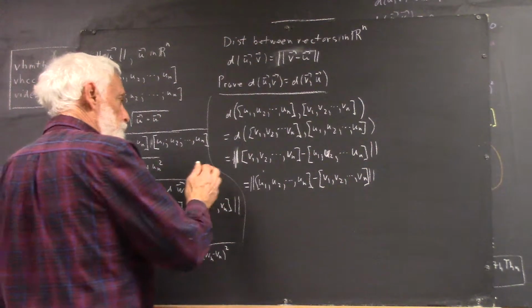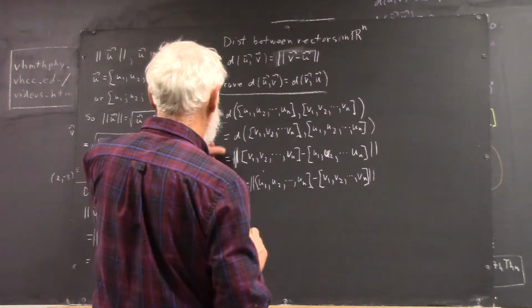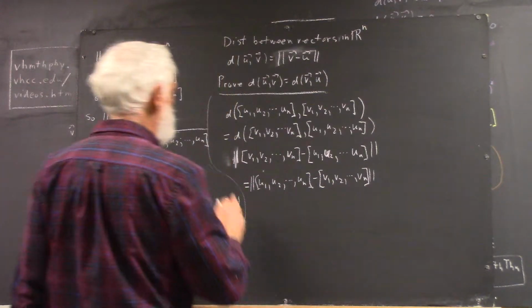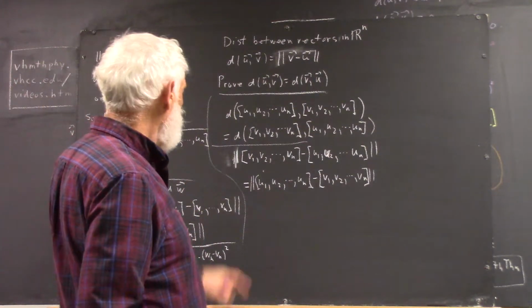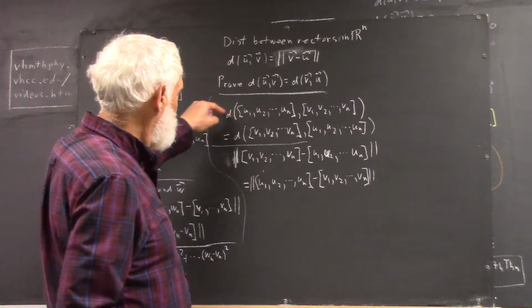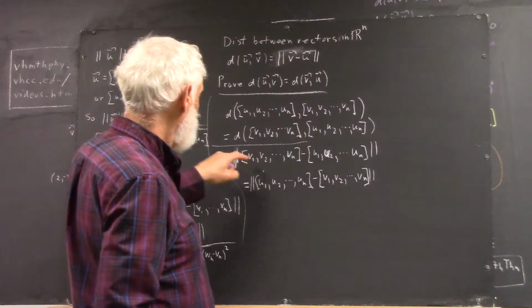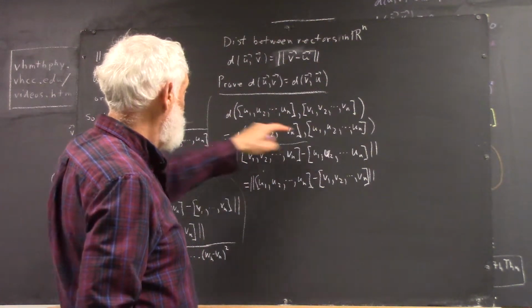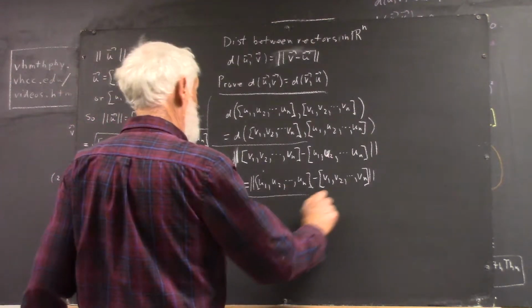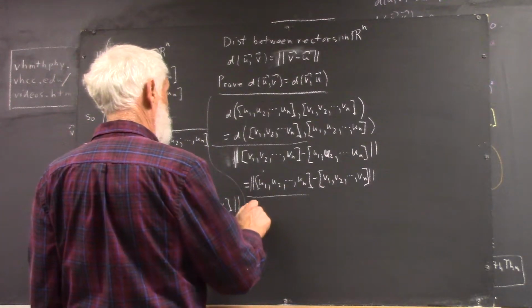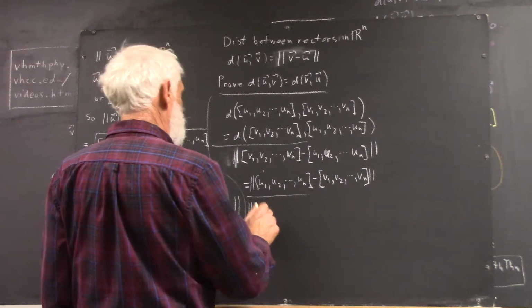I don't want an equal sign here, and I do want people to be kind of careful about that. So, this first represents distance of this. That should be equal to the second, which is this. So now our next step is, well, okay, it's going to be the magnitude of what?